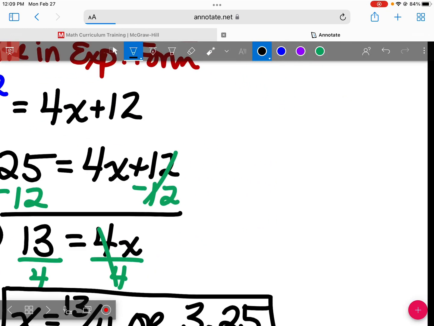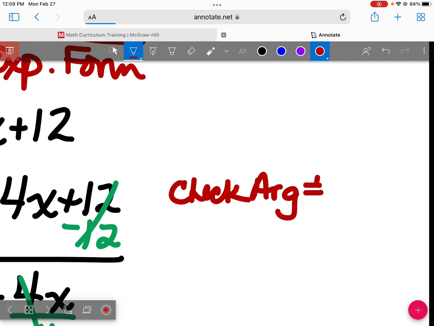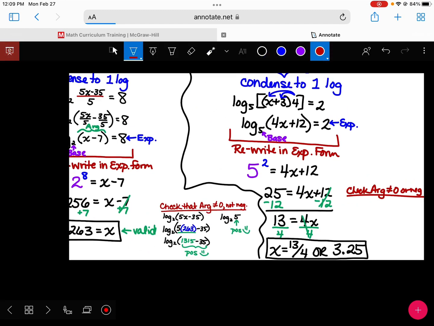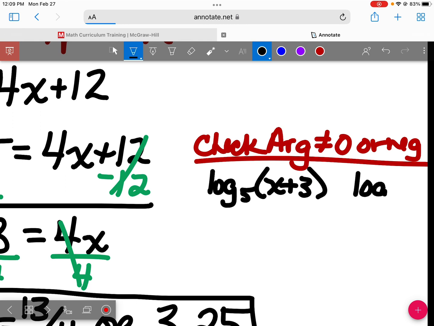I need to check that that answer doesn't make either of my arguments negatives or 0. Check that the argument does not equal 0 or negative. How many arguments did we have at the beginning? 2. We had log base 5 of x plus 3. We had log base 5 of 4.